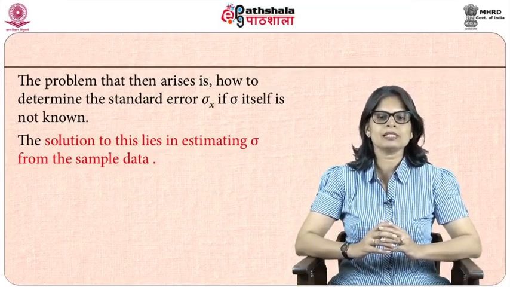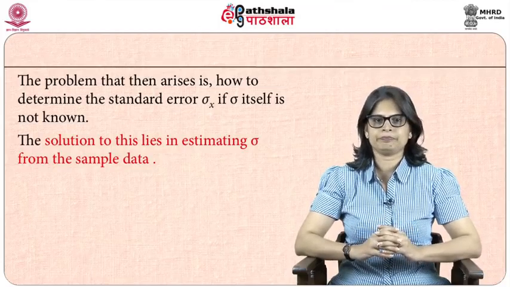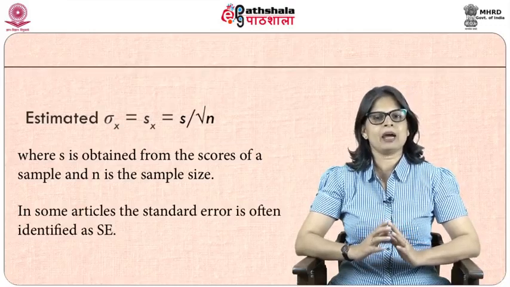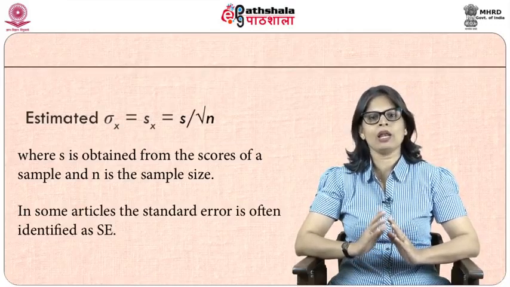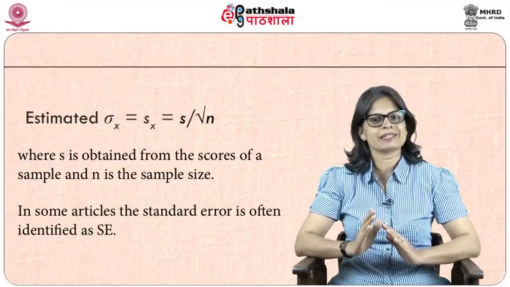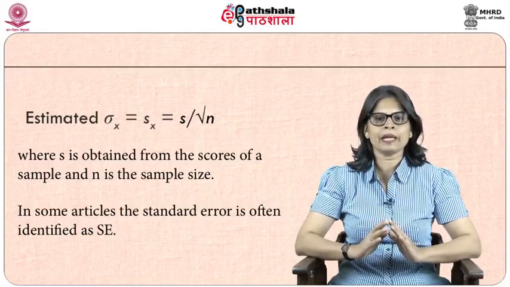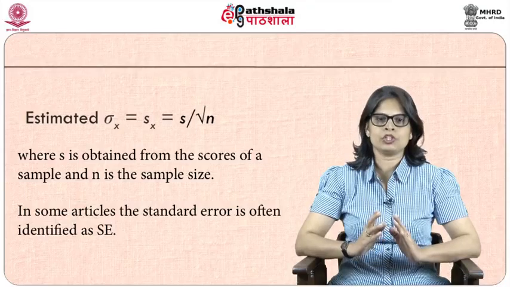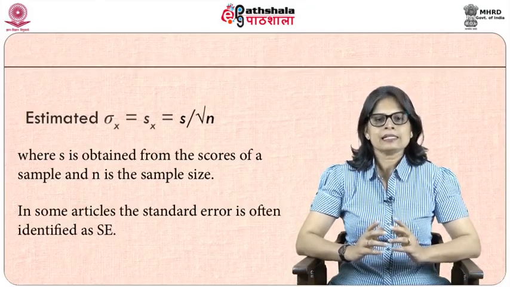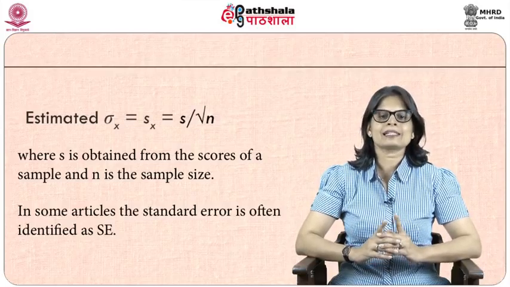The solution to this lies in estimating sigma from the sample data. So, we have estimated sigma x, which is denoted by small s x as S upon square root of sample size, that is small n, where small s is obtained from the actual values in your sample, n denotes the sample size. In some articles, the standard error is also often identified as SE.